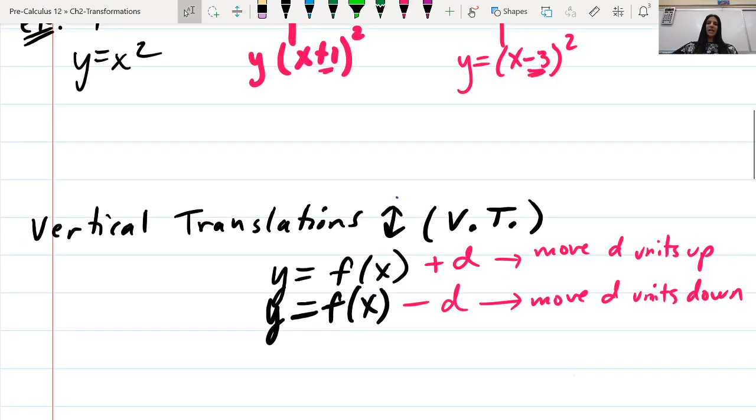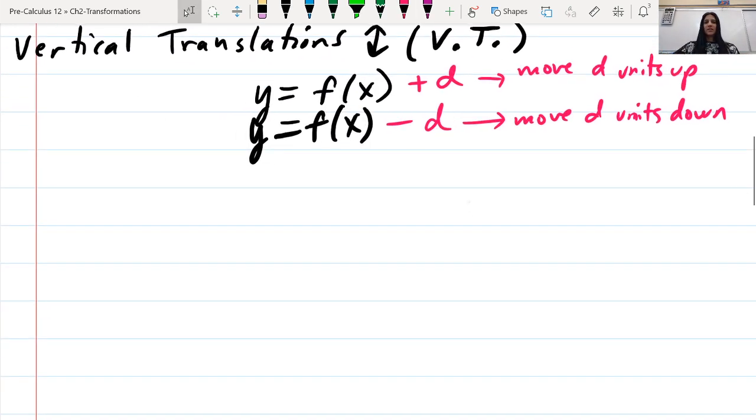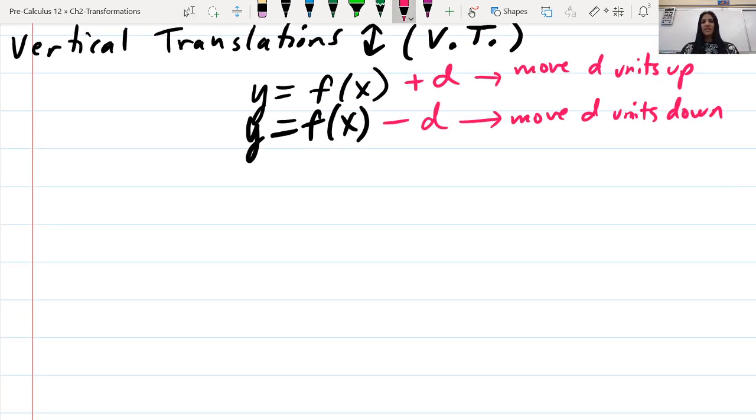So notice how in the last examples we did the opposite of what you saw in the equation. That's because we were looking at it like the x was embedded in the equation. But in this case, the d's affect the y values and the y is isolated, so you take it as you see it.